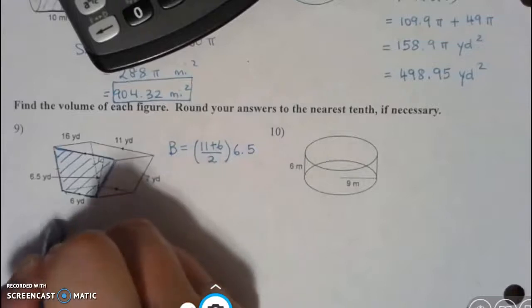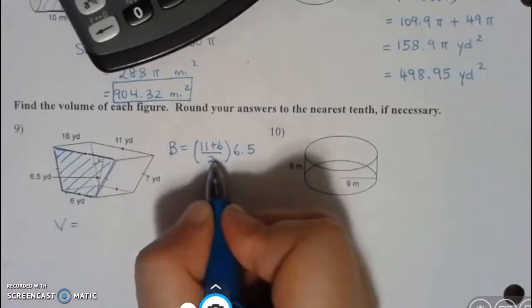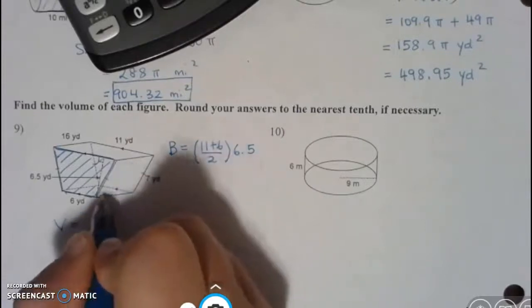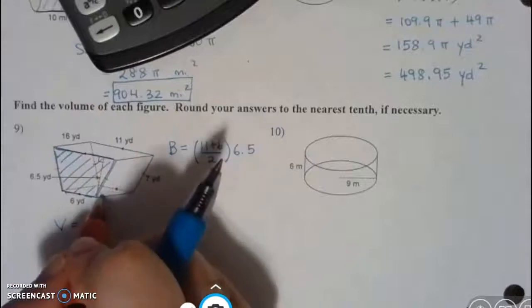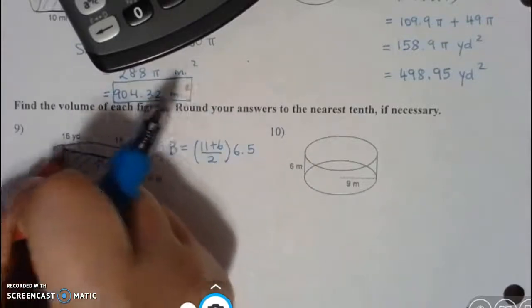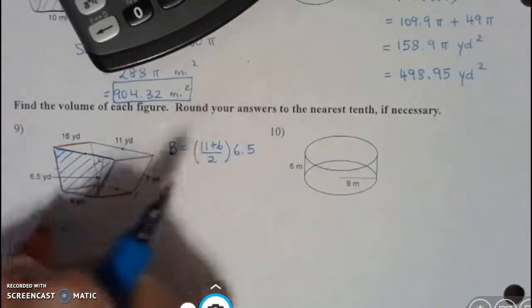What is my volume going to be? The volume is going to be whatever the base was, multiplied by this length. What is this length here? It's going to be the same as this length. That's the thickness, and it should be the same all the way around.